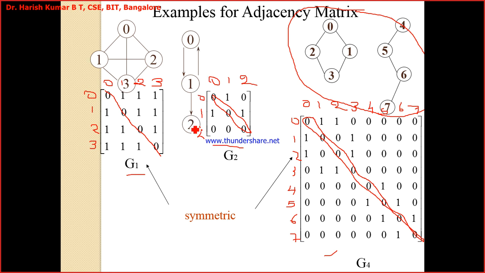Now if I take node 2, the column sum is 1, and the column sum is nothing but the in degree, so the in degree for this is 1, and when I take the row sum it is 0, which means there is no out degree for this.